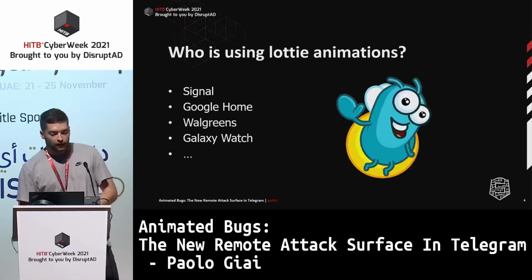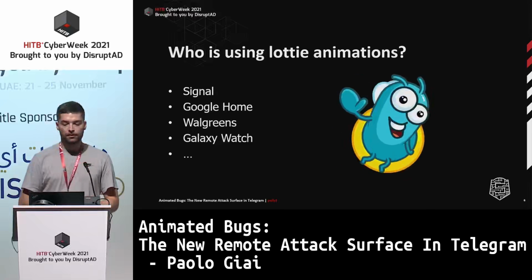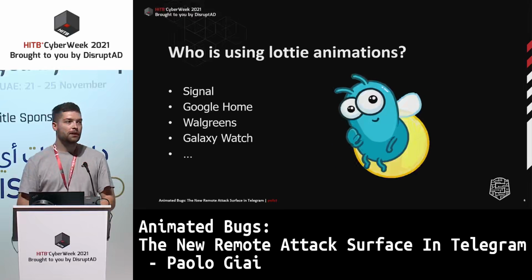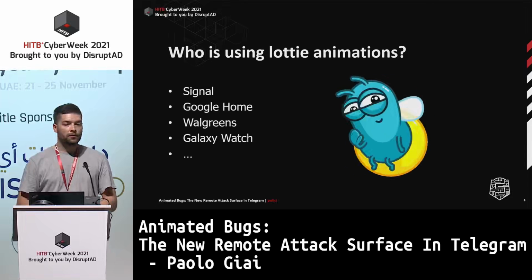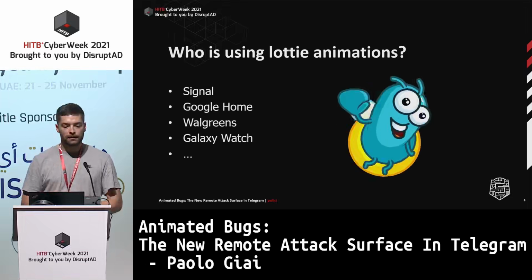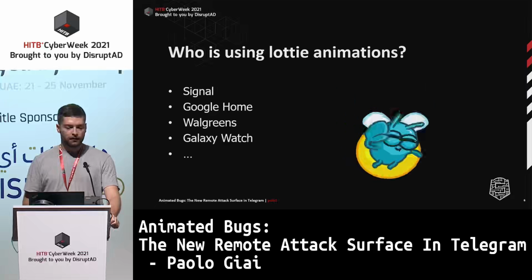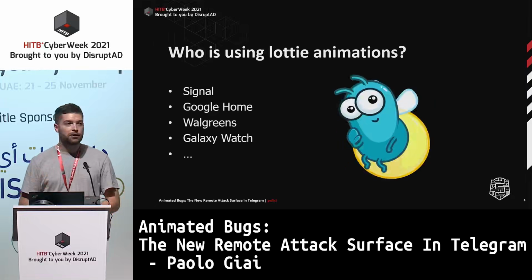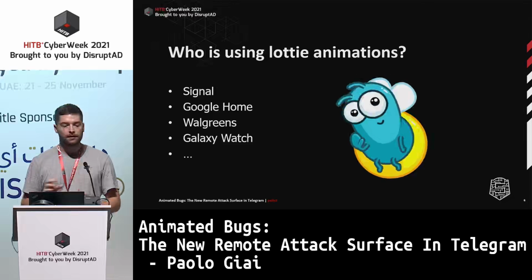While we'll have a specific look at the C++ version, most of the other vendors actually use the Java or Swift library developed by Airbnb themselves. I will focus on the Samsung one since it is the one used in Telegram, but of course, another potential work for the future would be checking if those other libraries had similar issues.